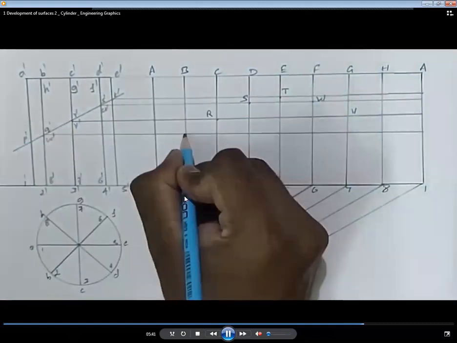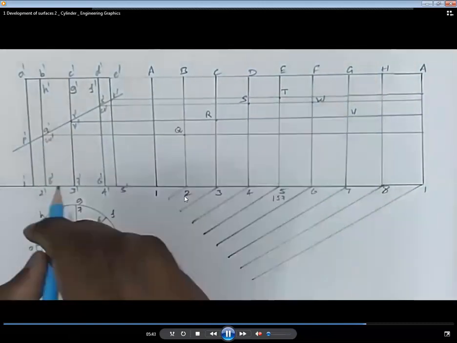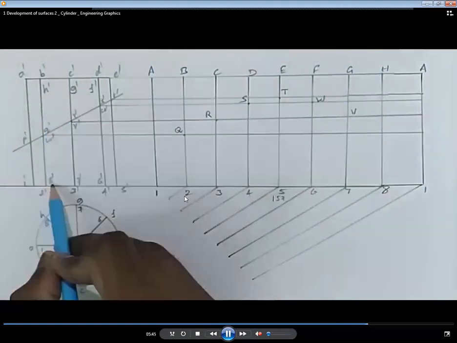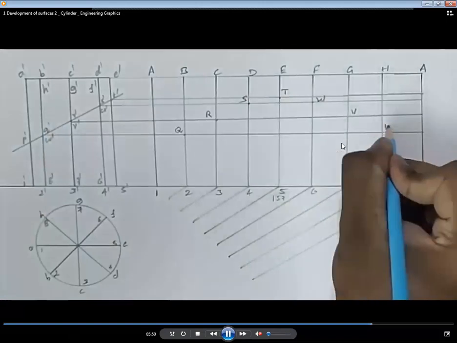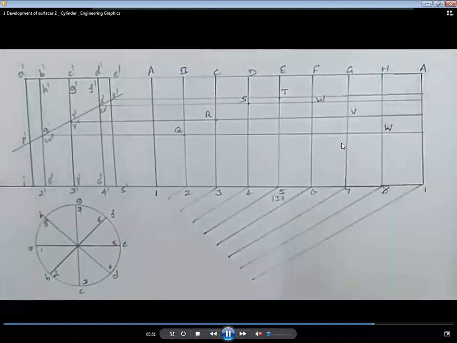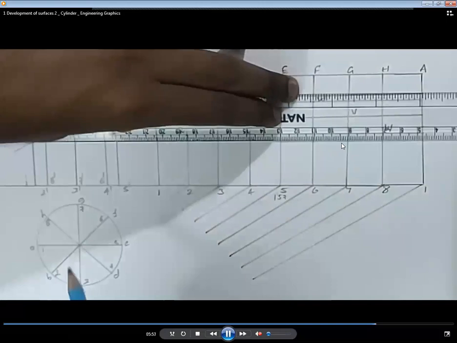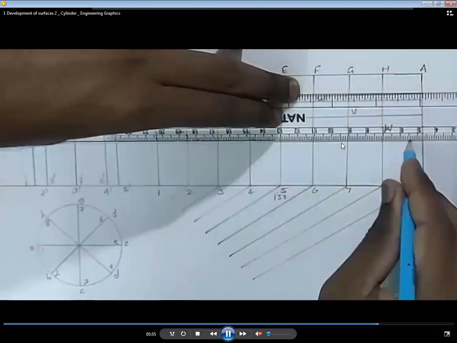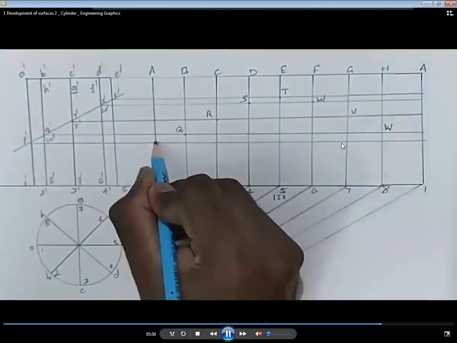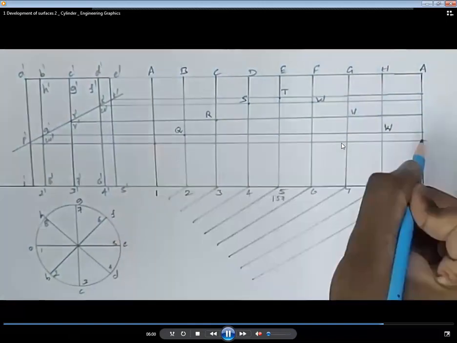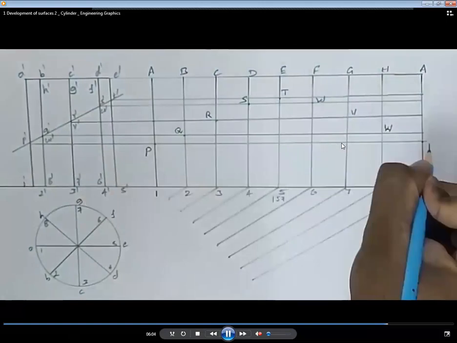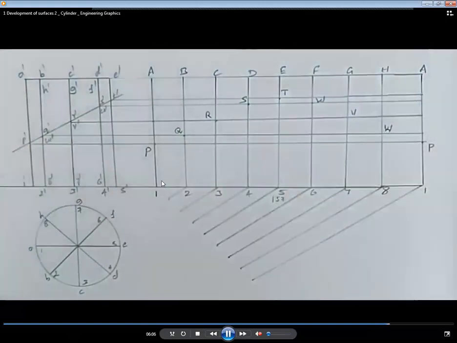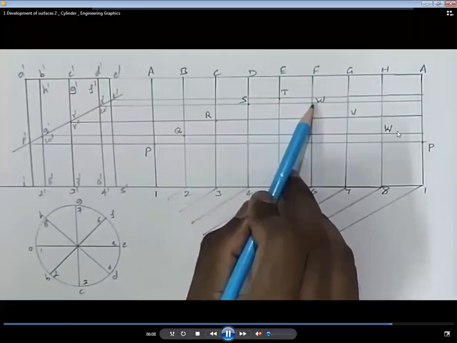Similarly, all points Q and W will be on B and H. And P point will be on A and A. So we have got all these points.